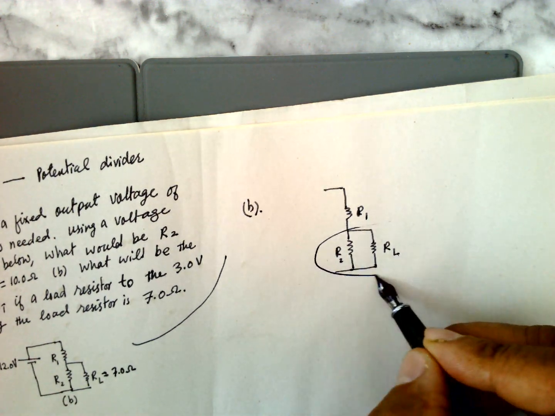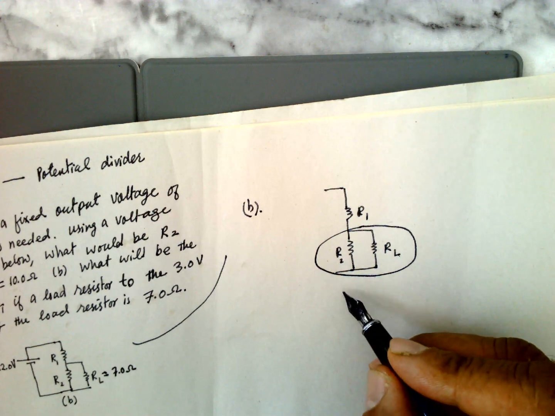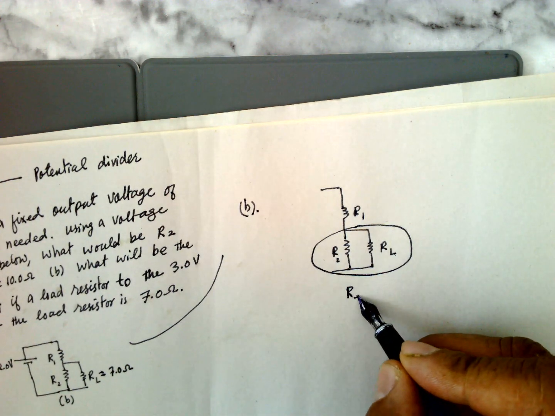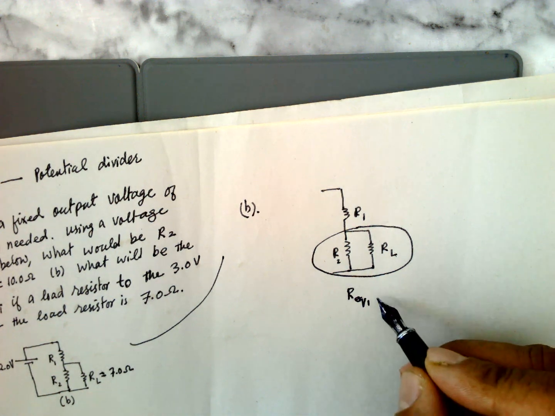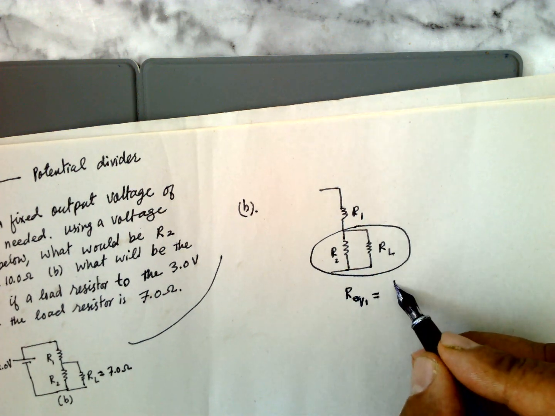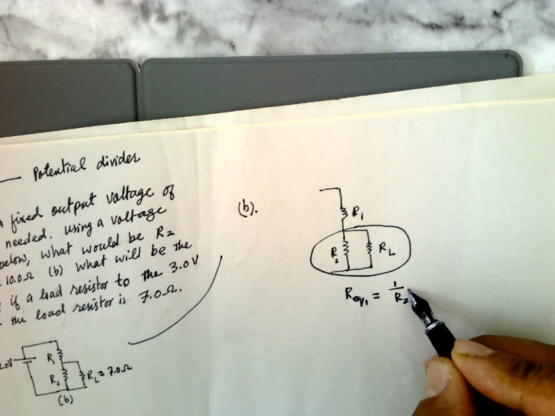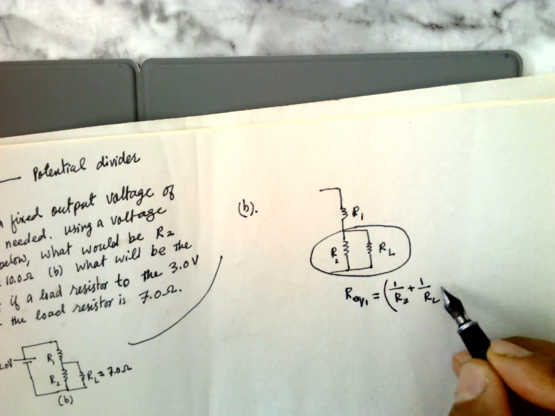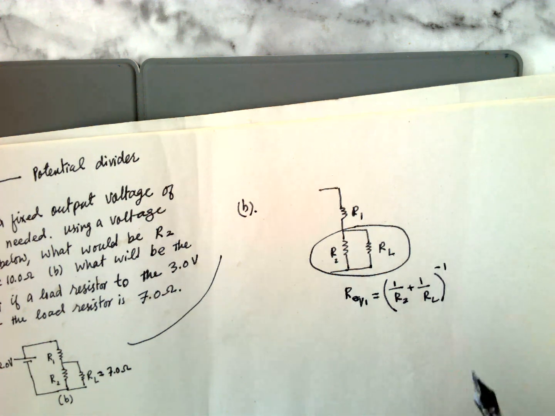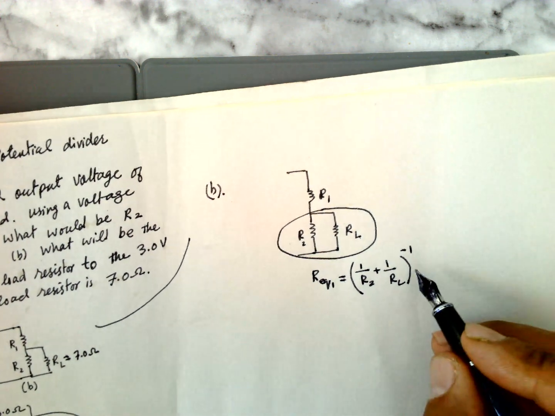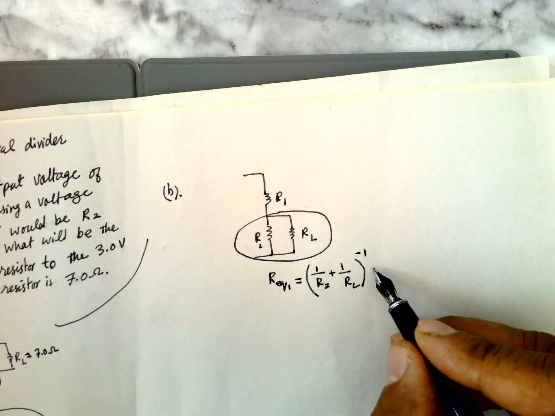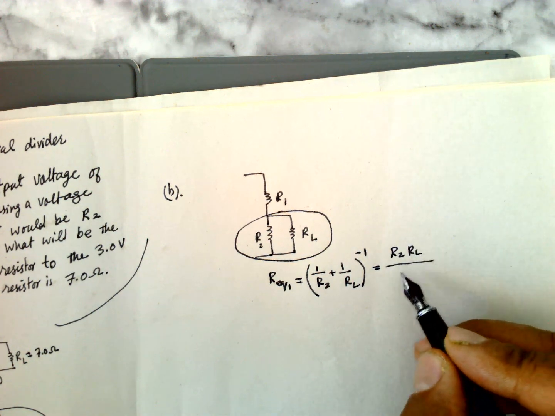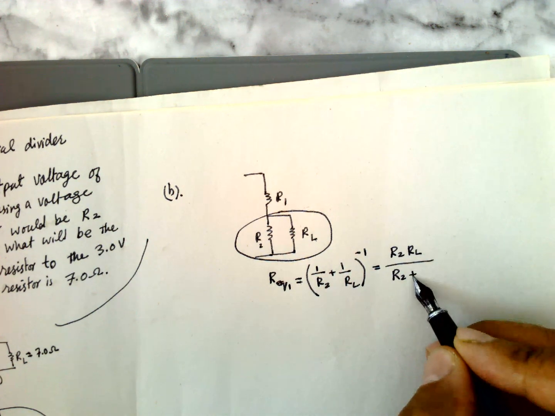So first this one, the reciprocal of this one. So R equivalent 1 is equal to 1 over R2 plus 1 over RL, raised to the power minus 1, or it is equal to R2 RL over R2 plus RL.